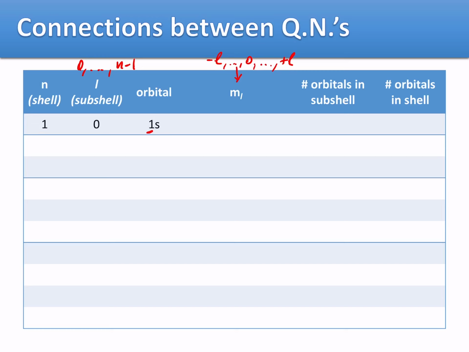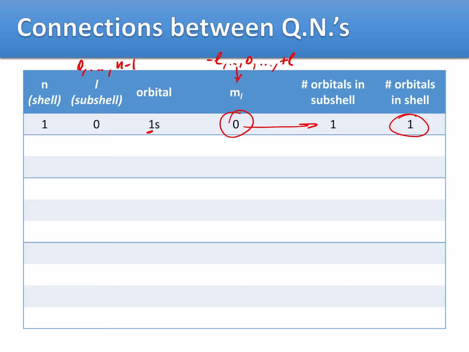That number in front of the orbital specifies that the s orbital belongs to the first energy level, or the first shell. Therefore, if L equals 0, then ml can only have the value of 0, which means we only have one orbital in the subshell. Because you only have one subshell within the shell, you only have one total orbital in the entire energy level. That is for n equal 1.